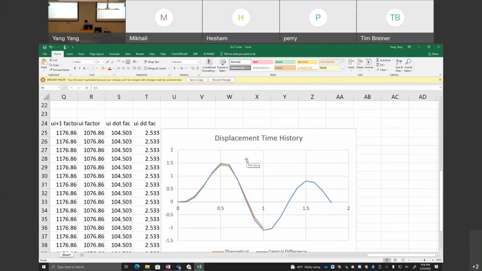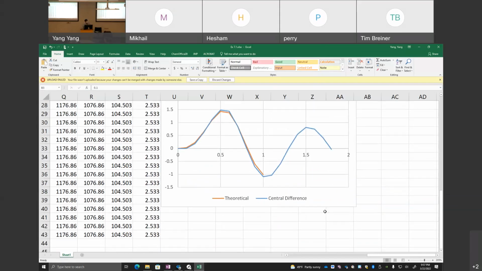So that's about the central difference method. It's a mathematical method to solve structural dynamics problems. The next time we will talk about another method called the numeric integration method. Why do we talk about those two methods?